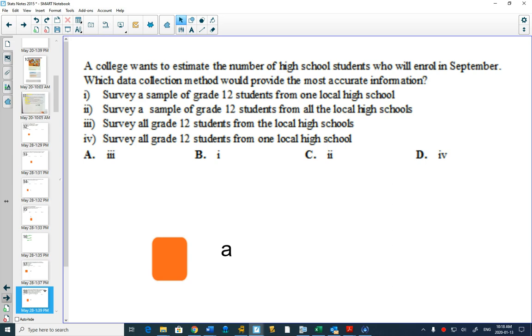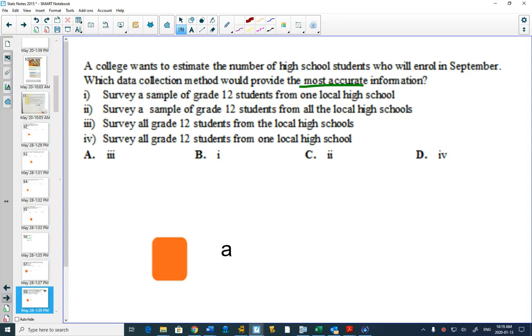So probably it says the most accurate. You'll get the most accurate if you ask everybody, all the students. That's how you get the most accurate. This might not be the best method because it might cost too much, right? And time would take too much. I would say number 2 might be the best method.